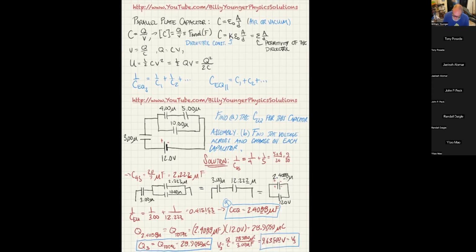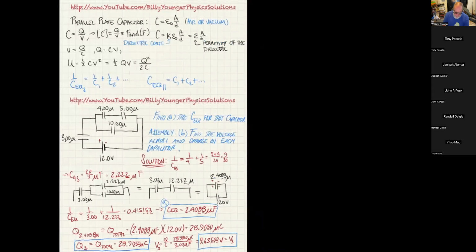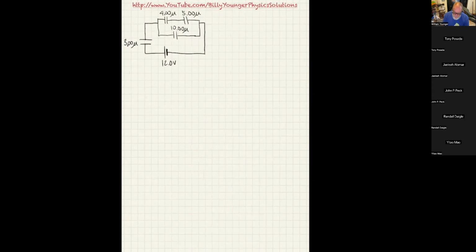So now we know the actual voltage across the 3 microfarad capacitor, and we know the charge through it. And that actually helps us. Let me show you. So if I were to imagine taking the voltmeter, let's say a multimeter or something like that, let's say this is our multimeter. I'm going to draw it right here.